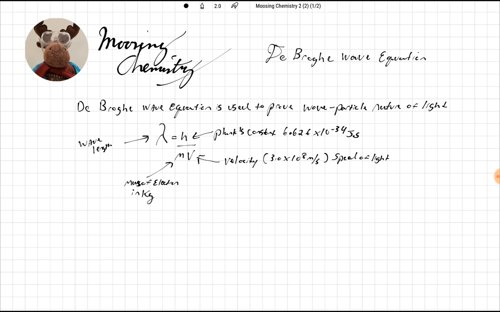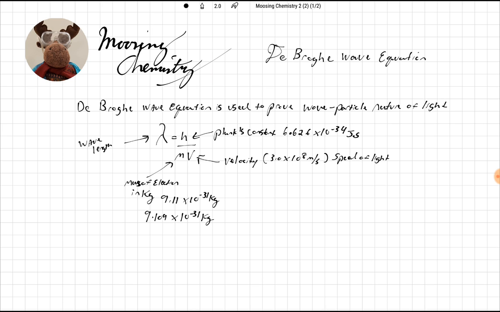Now the mass of our electron is basically 9.11 times 10 to the negative 31 kilograms. We've also learned that it's 9.109 times 10 to the negative 31 kilograms. Not a big deal.